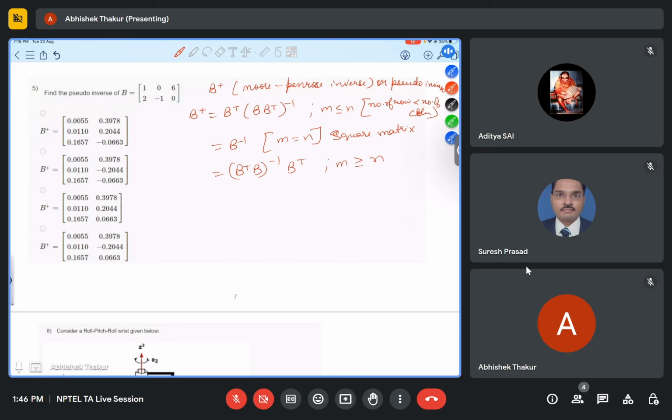So in our question, this is a 2 cross 3 matrix. So you can see that M is less than N. So we have to use the first case, where B plus is equal to B transpose into (B B transpose) whole inverse.